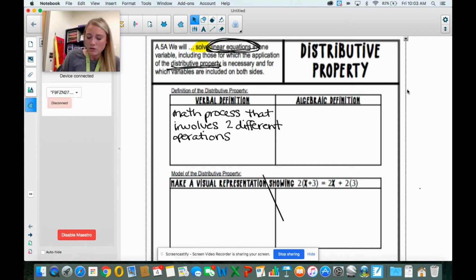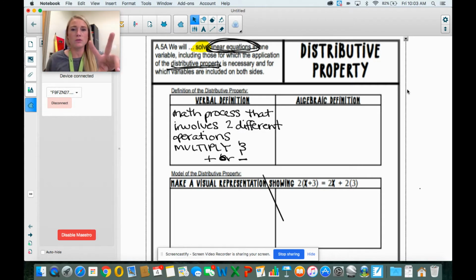Okay, so that's going to mean we are going to multiply and add, let's say, or subtract. Okay, so those are our two different operations. Okay, we're going to first multiply and we have addition or subtraction in between. Okay, so let's look at what that looks like.